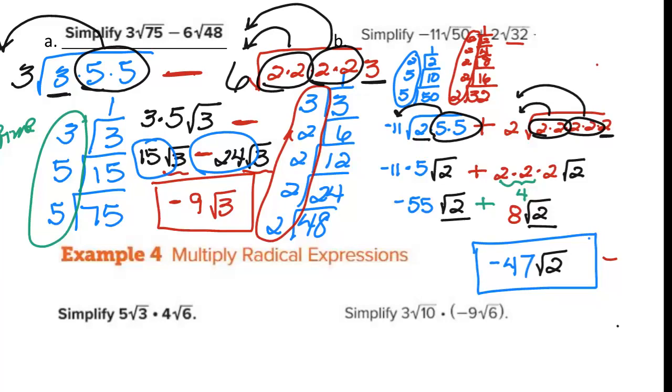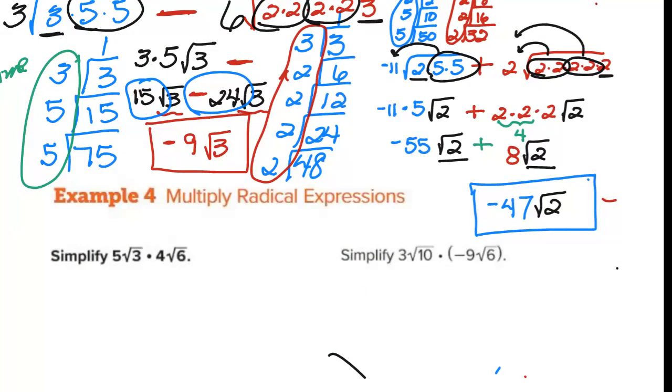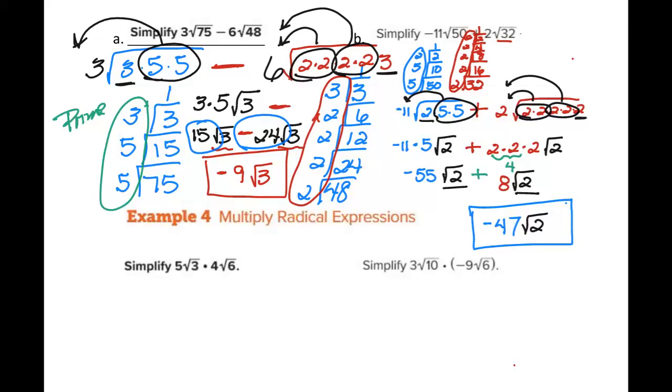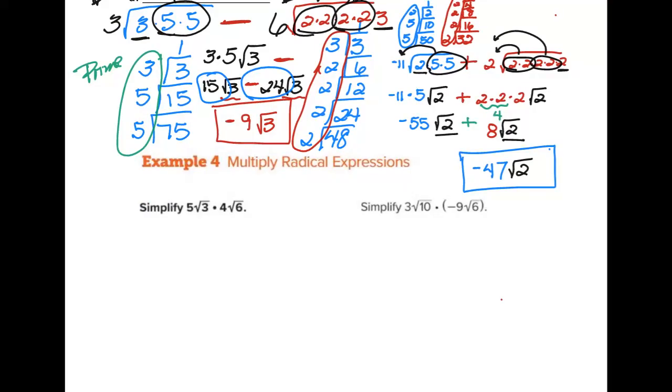Yeah, it is 47. I think I was taking the 8 minus the 5, but it's the 5 minus the 8. All right. That was intense. That was a wigwam circus TP intense. Get it? Intense? Okay.